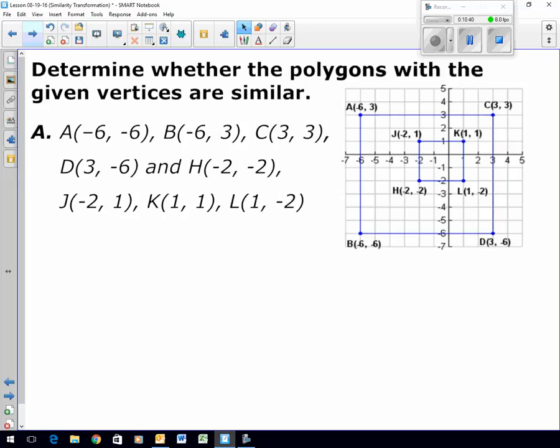Let me ask. How far is it from A to B? What's the distance from A to B? Line segment AB. It's not 6.